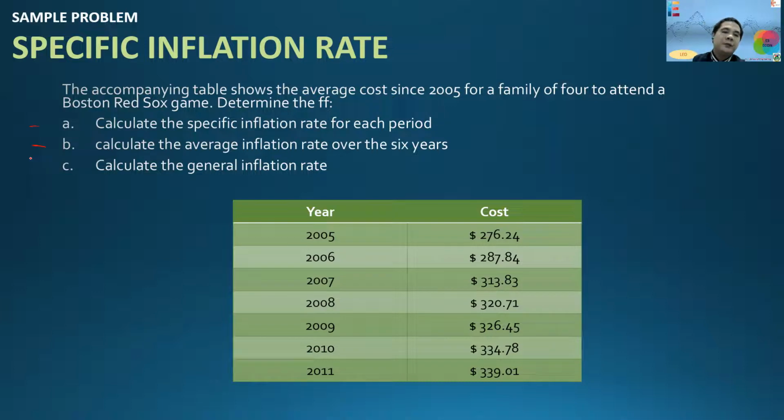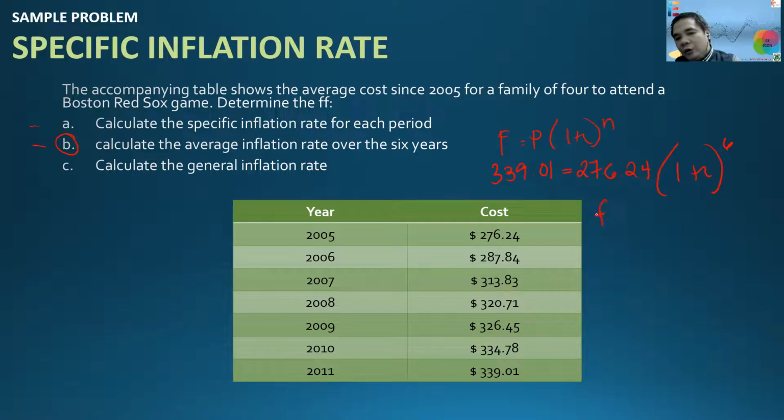So, number one, we look into letter B, because basically F is equal to P times 1 plus i to the exponent of n, wherein your future value of the commodity or the certain segment is 339.01, equal to the present amount of 276.24 times 1 plus i to the exponent of 6 years. Therefore, your inflation rate for a certain segment of your market is around 3.